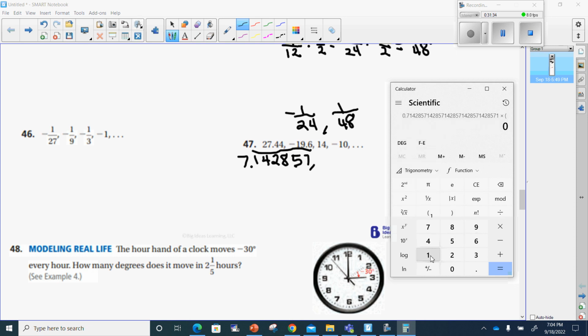Negative 19, so that'd be 19.6 times this would be 27.44.